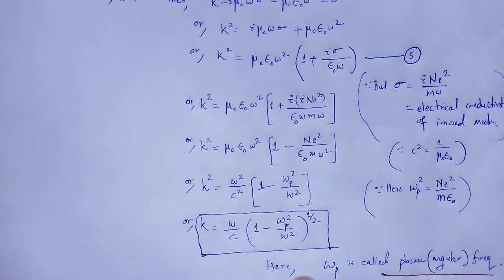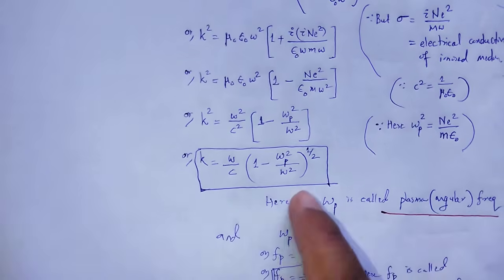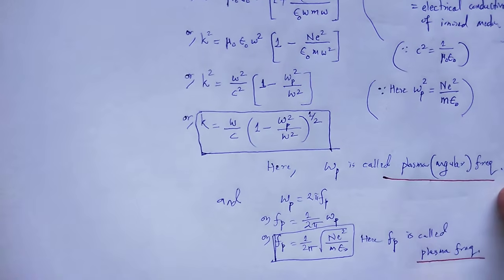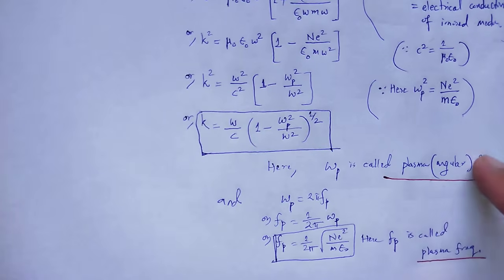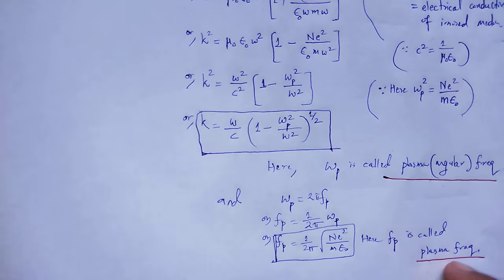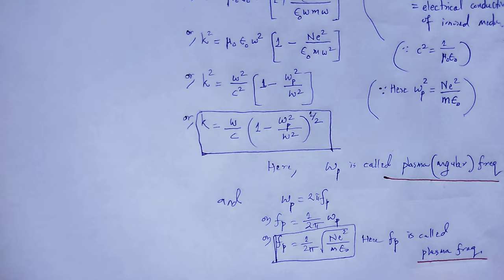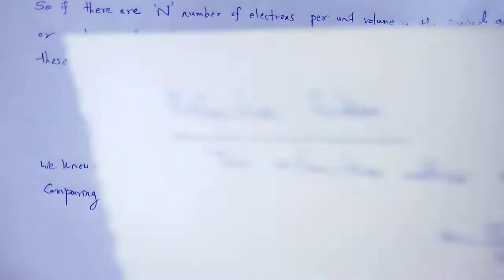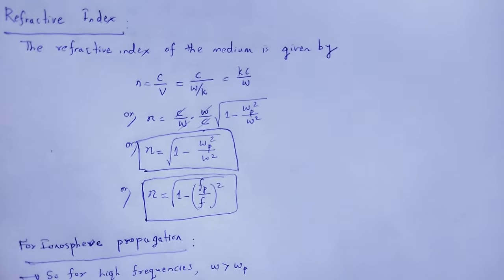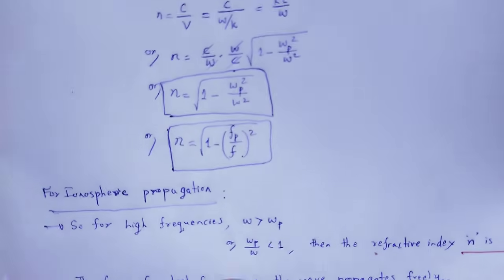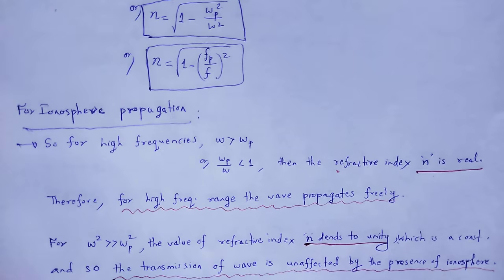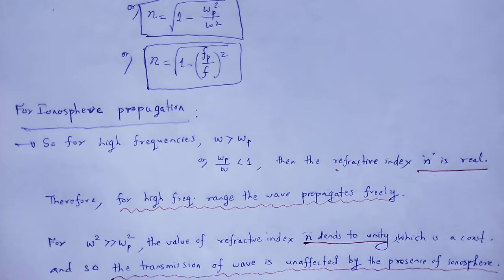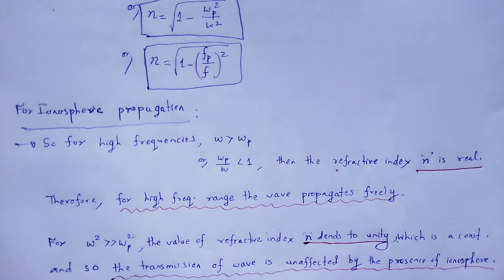By putting that electrical conductivity, we derived the plasma frequency, both the angular plasma frequency and the simple plasma frequency. Next, what is the refractive index? Next, how the electromagnetic wave propagates through the ionosphere.